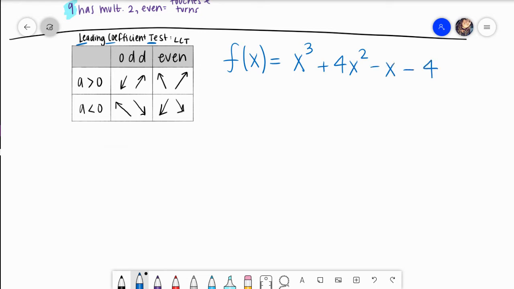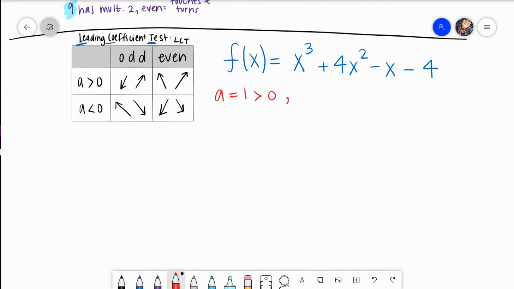Okay, so leading coefficient test: I can see that my a, which is the leading coefficient, the coefficient attached to my x cubed variable, is a positive 1. Since a equals 1, it's greater than 0.